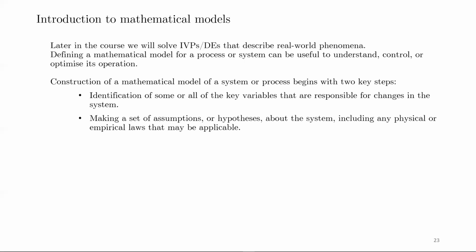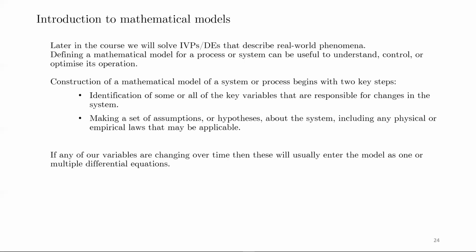Often these hypotheses will just fall out of physical laws or common sense or people's experience, or perhaps from data that people have gathered about a system. From this, we can construct a mathematical model. Mathematical models are not necessarily using differential equations, but if any of the variables are changing over time, then they'll usually enter the model as one or multiple differential equations.